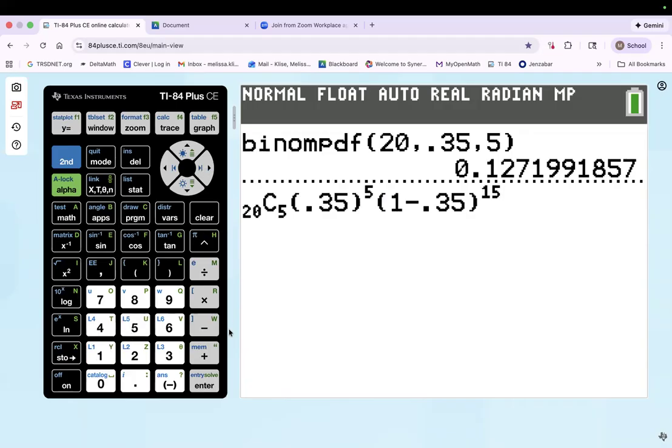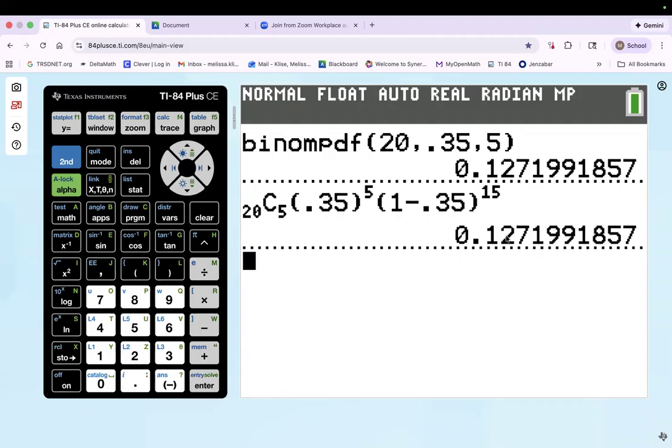That's basically what you're calculating. So you take your 20 trials, choose 5 of them, and then 35% to the 5 successes, and 1 minus 35% to the 15 failures. You should get the same answer. It's doing that math. Yeah, it is the exact same thing. It does the same math.